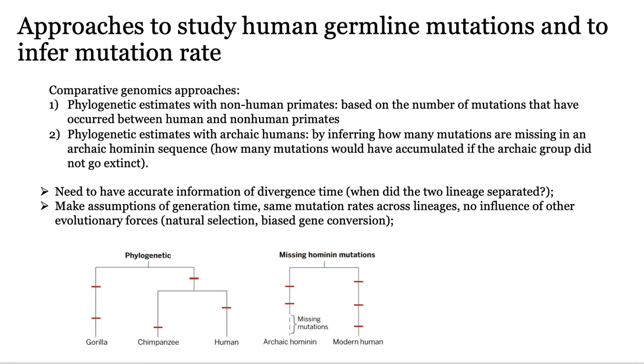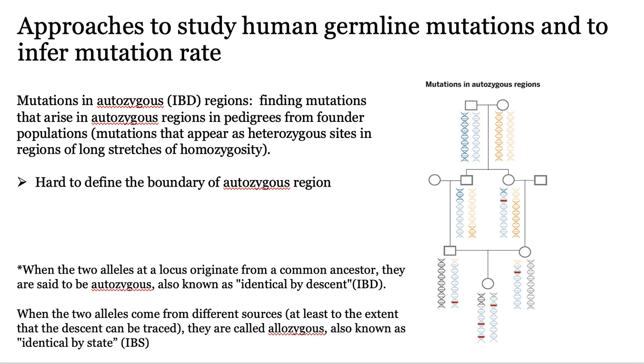So the first three approaches I mentioned are all pedigree based. The other two approaches I want to mention are phylogenetic based, by comparing across species or subspecies. It's also called the comparative genomics approach.